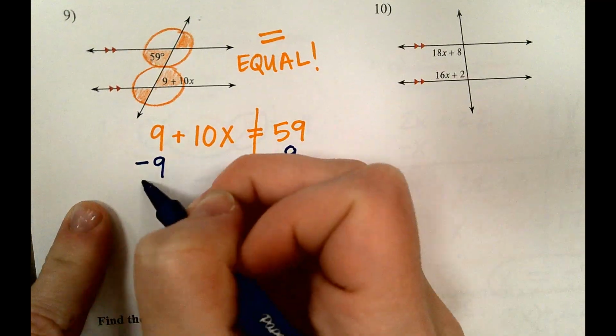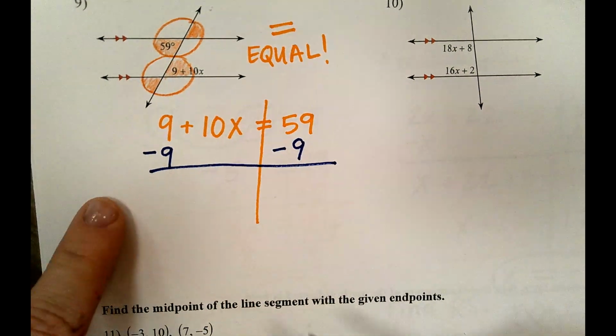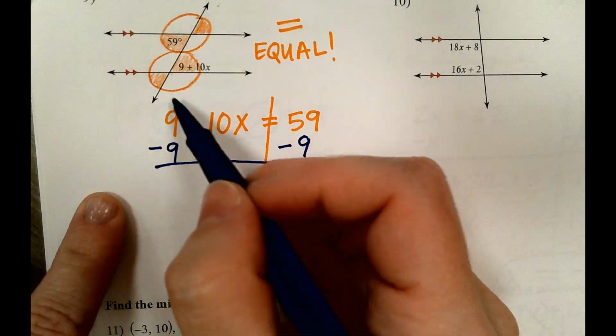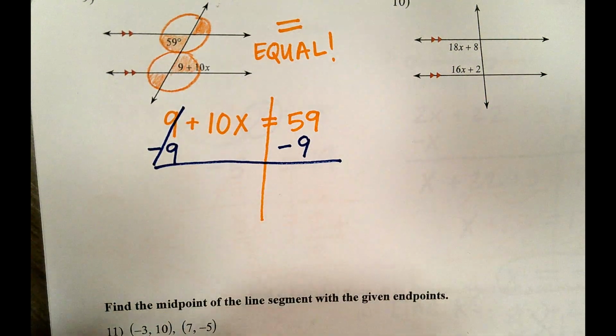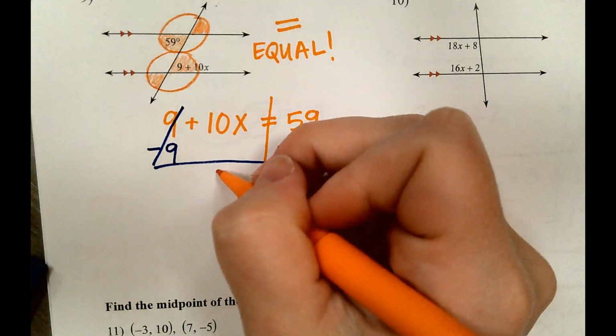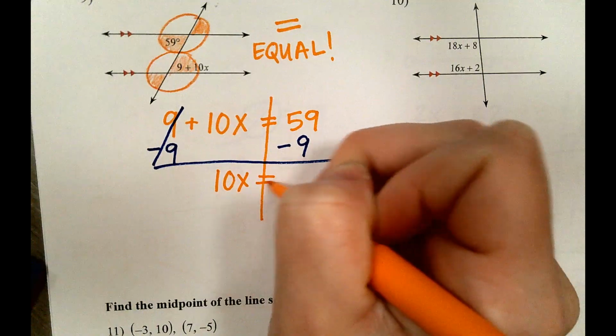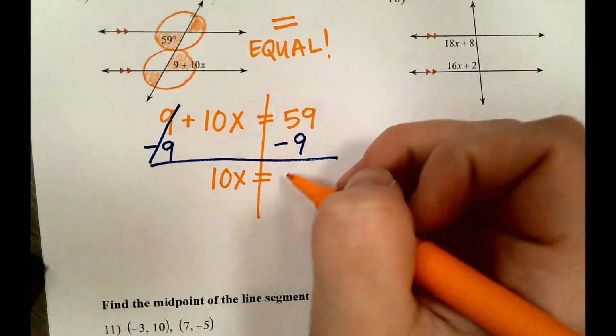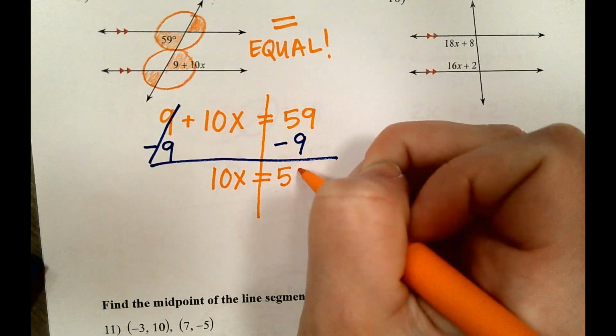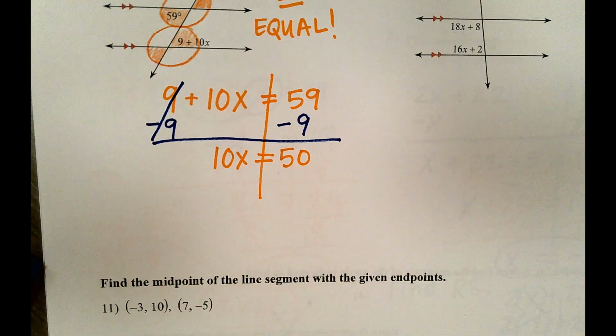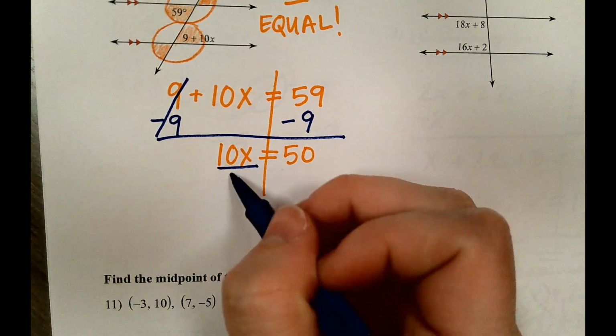Minus 9, minus 9. Your nines cancel. My 9s cancel. Bring down the 10x equals 50, and 59 minus 9 is 50. You just divide by 10 on each side. Yes, then we just divide by 10, and we'll have our x.